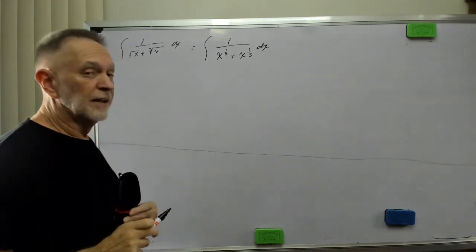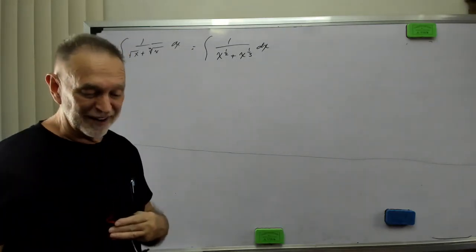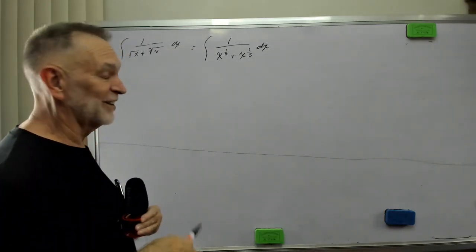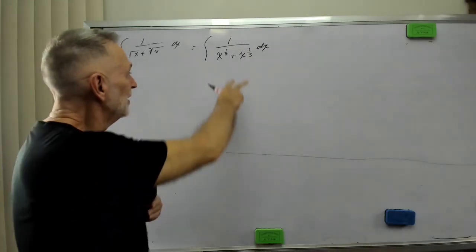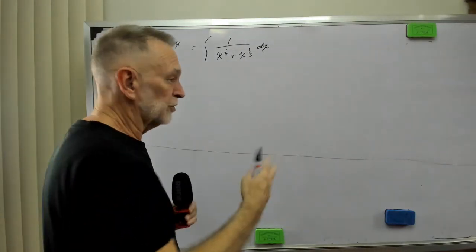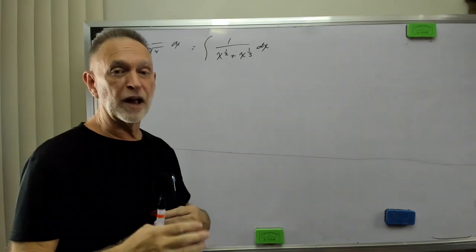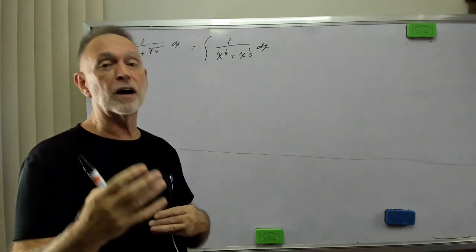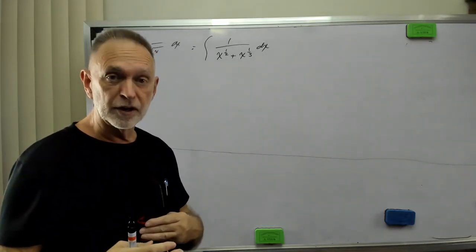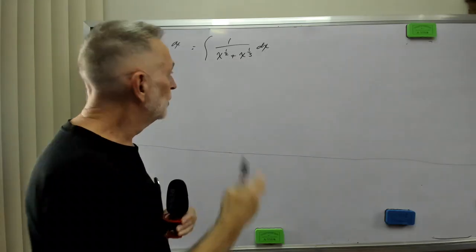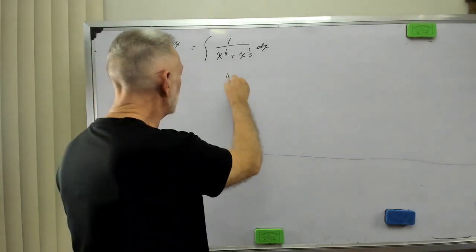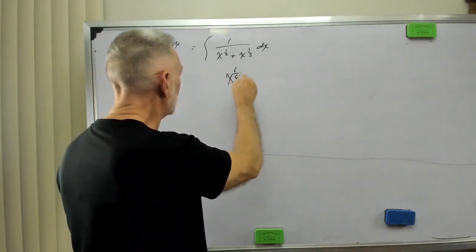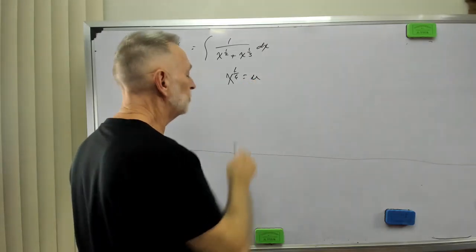Now these guys, I'll have to admit, gave me some insight into this. If you look at the exponents, 1/2 and 1/3, the least common denominator is 6. So let's let x to the 1/6 equal u.